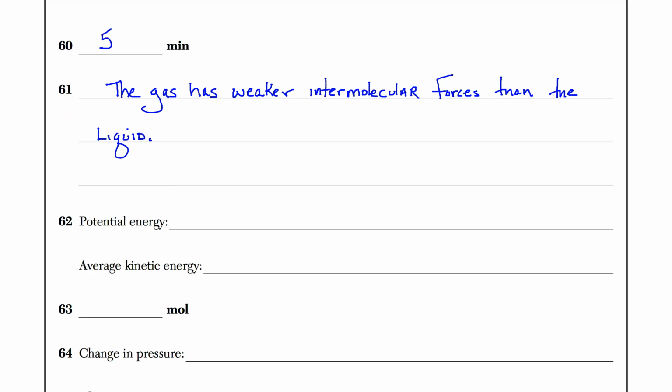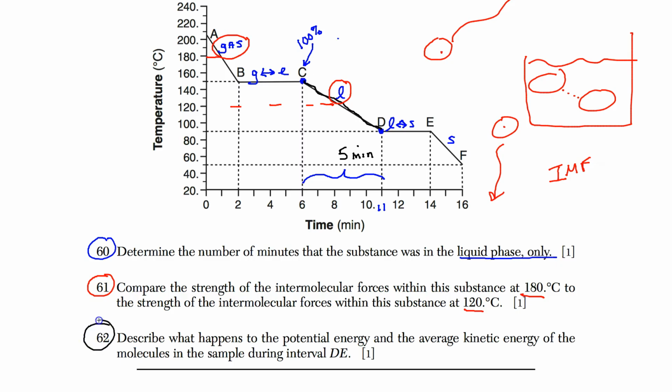On to number 62. Describe what happens to the potential energy and the average kinetic energy of the molecules of the sample during DE. So what we're talking about is D to E, clear and simple.